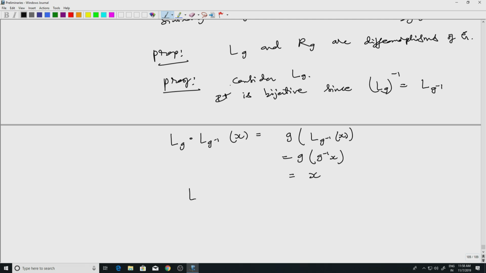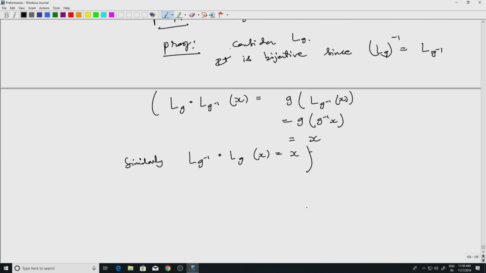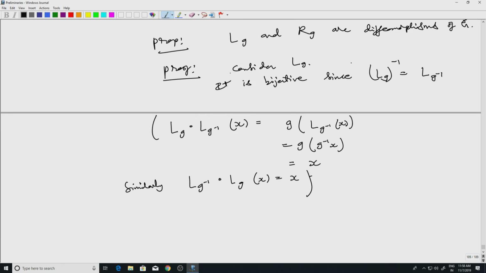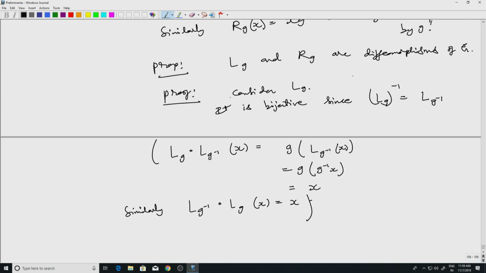Similarly, the other composition is also x. So the fact that we are able to explicitly construct an inverse map shows that it's bijective.